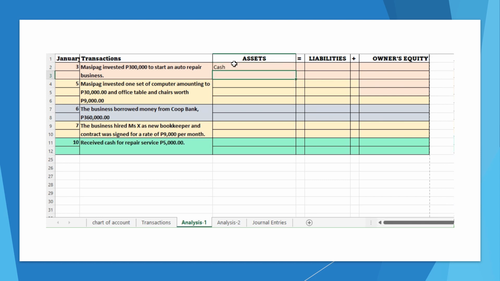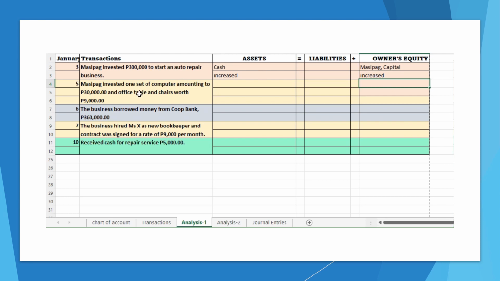Okay, cash is increased. Upon investment, the cash was increased. Okay, please remember that. And then, what is the counterpart account for this transaction? Remember, it was an investment. So, we can use Masipag capital. And this is also increased.